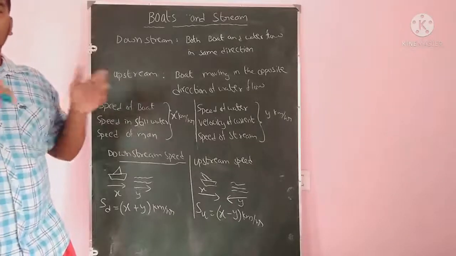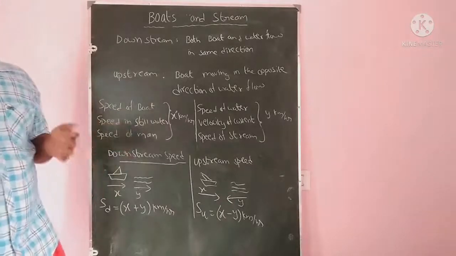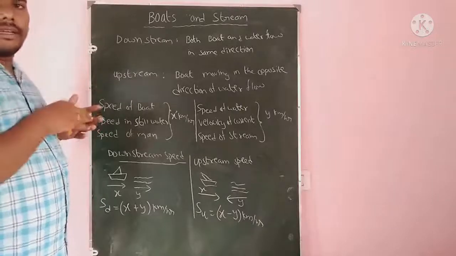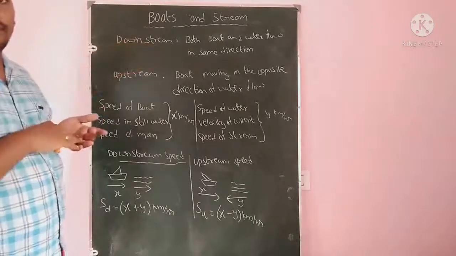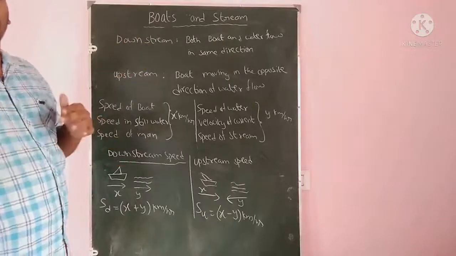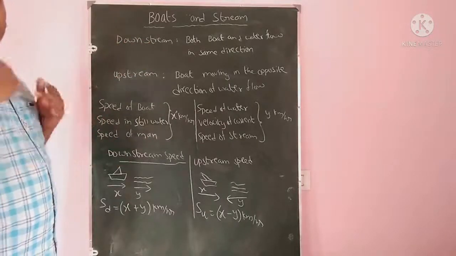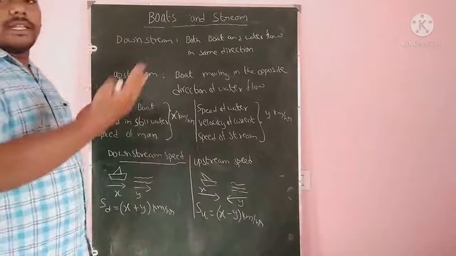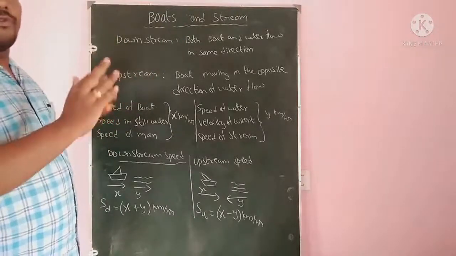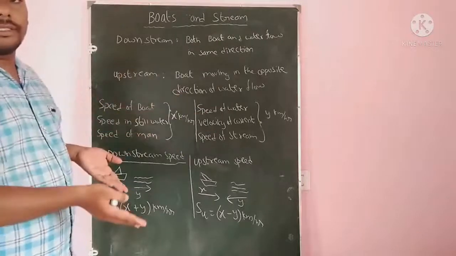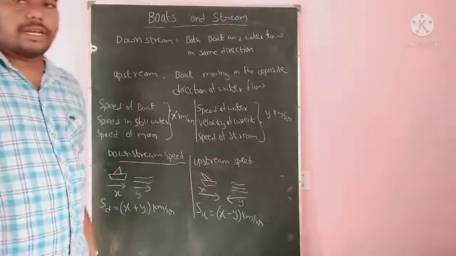Similarly, if you are moving in a direction and someone gives a force from the back, you will move faster because some extra force is added to your speed. If you are going in a direction and a force is applied from the opposite side, to move forward you should overcome that. That is the difference we are taking here.